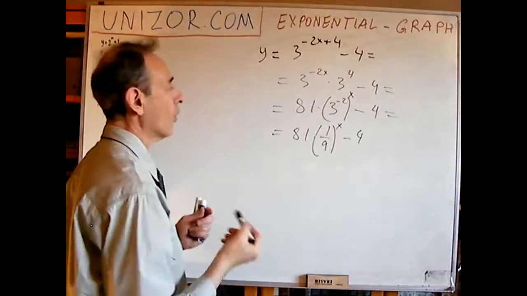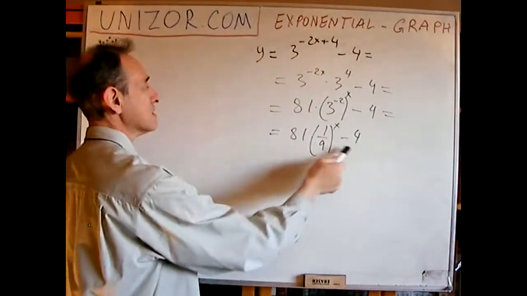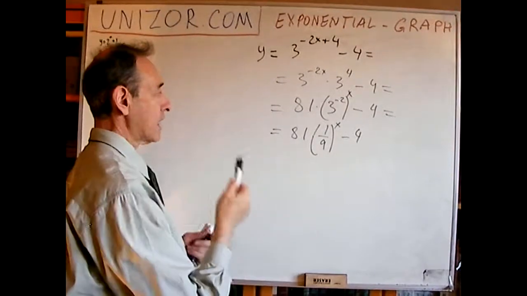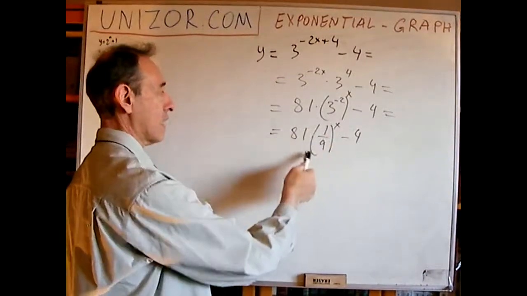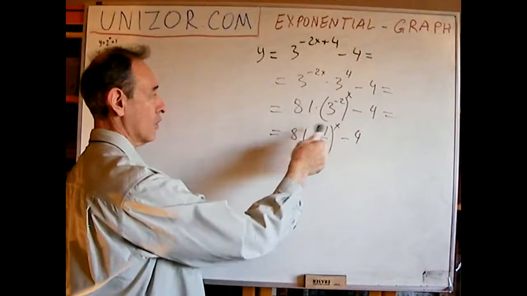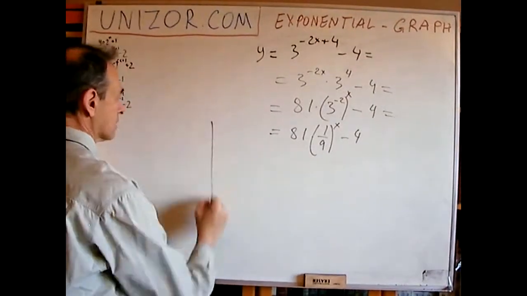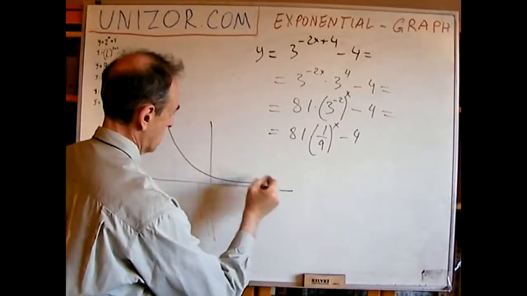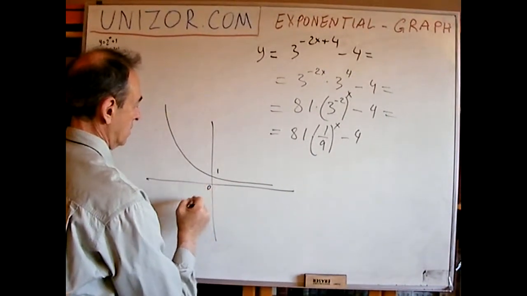Now, why did I do all this? Well, because this seems to be a little easier than this, that's all. So I have to do two transformations. My original graph would be 1/9 to the power of x, which is this. This is 1.